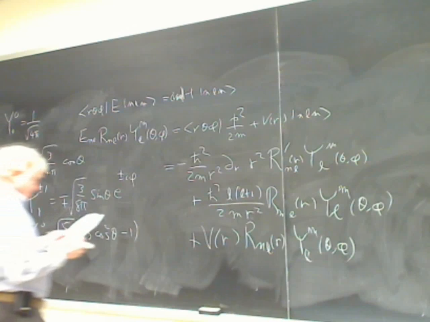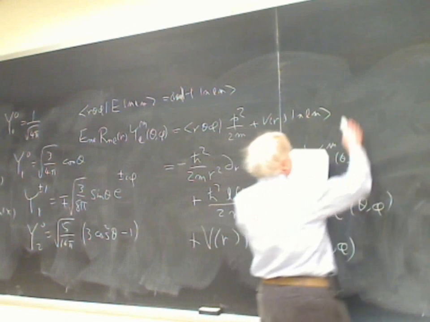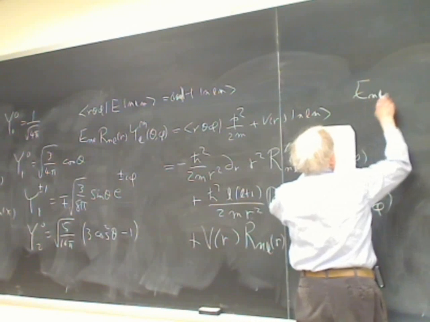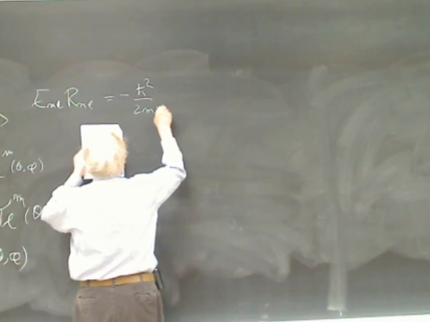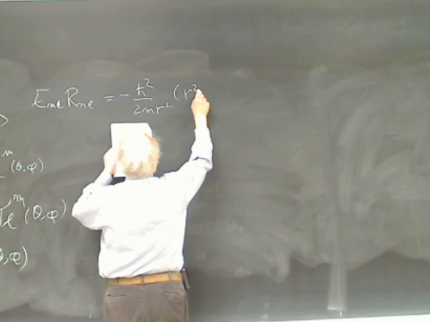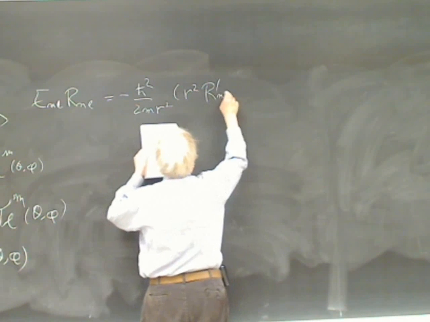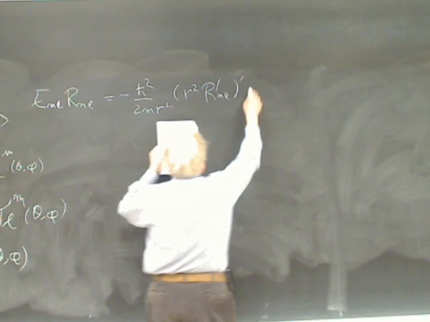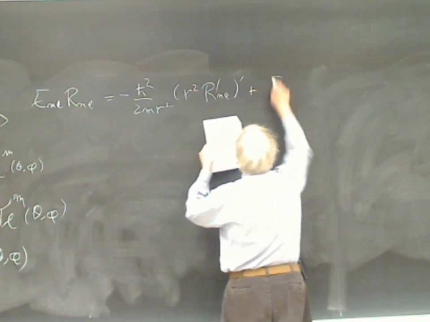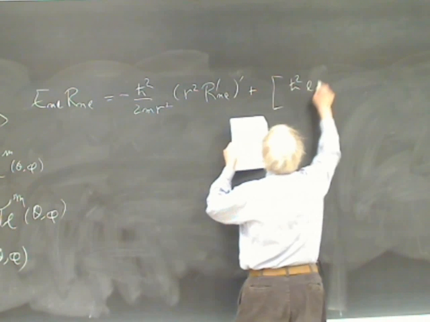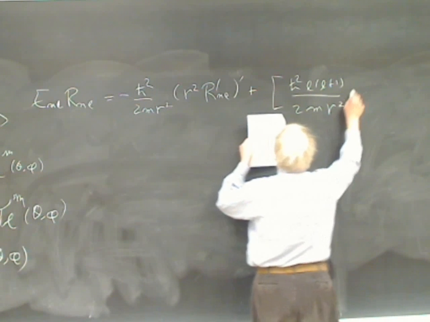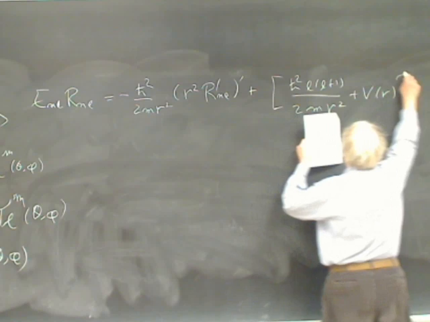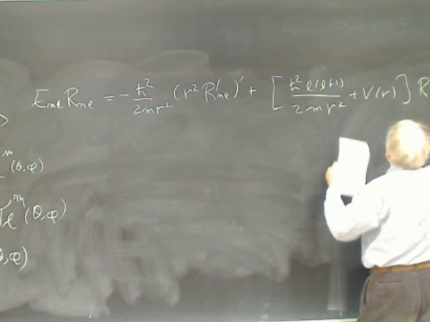And so the equation you get is E_nl R_nl equals minus h bar squared over 2m r squared, d by dr of r squared R_nl prime, plus h bar squared l(l plus 1) over 2m r squared plus V of r, times R_nl.